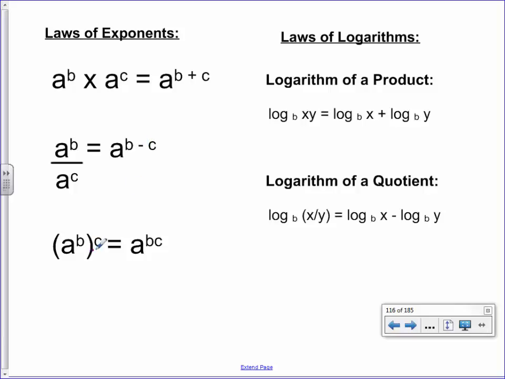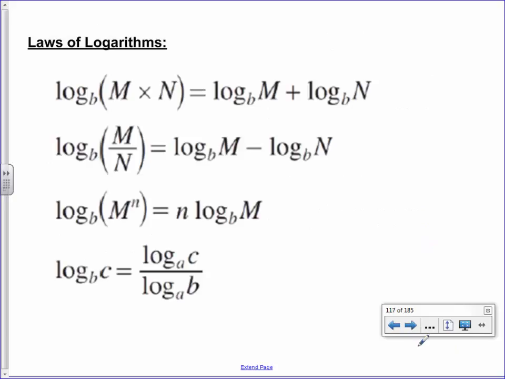If you put them in brackets next to each other, it's like multiplying. You guys remember these rules? Well, logarithms have some rules of their own too. Here are a couple. If you have two things that are times by each other, it's the same as adding them. Here, if you have two things that are divided, it's the same as subtracting. This is a really long way of me getting to this point. Here are the 4 rules I need to show. Okay? So these are on your data sheet.